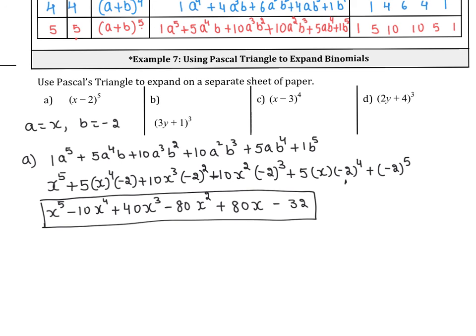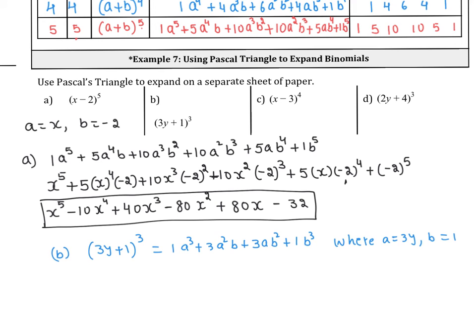Next is letter B, where you're going to solve for 3y plus 1 to the power 3. Pascal's triangle expansion is 1a cubed plus 3a squared b plus 3ab squared plus 1b cubed, where your a is going to be 3y and b is 1.